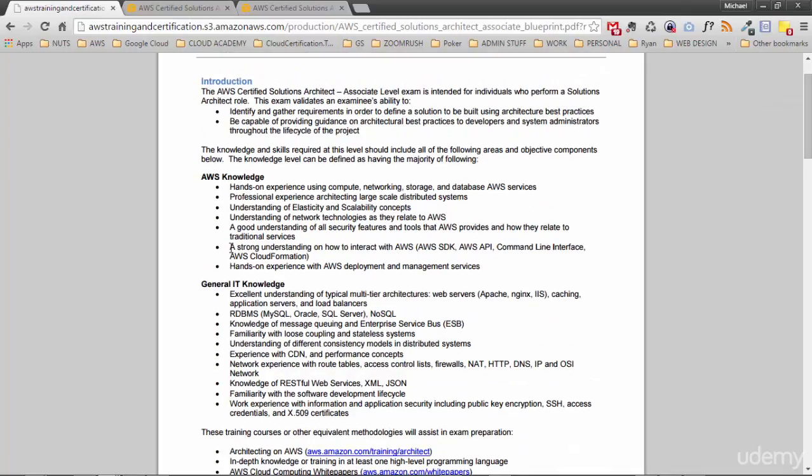For example, this statement: a strong understanding of how to interact with AWS, SDK, API, command line interface, and CloudFormation. Now, if you read that, I would hope you have some sort of broad idea of what they are actually talking about.